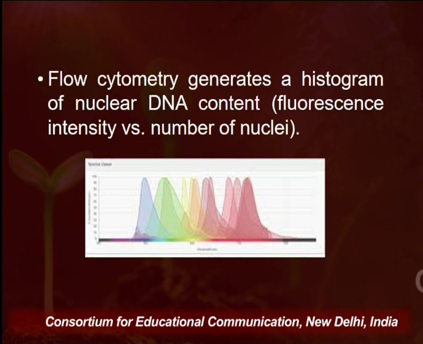These histograms are always plotted as fluorescence intensity versus the number of nuclei. So the higher the number of nuclei, the higher the intensity.